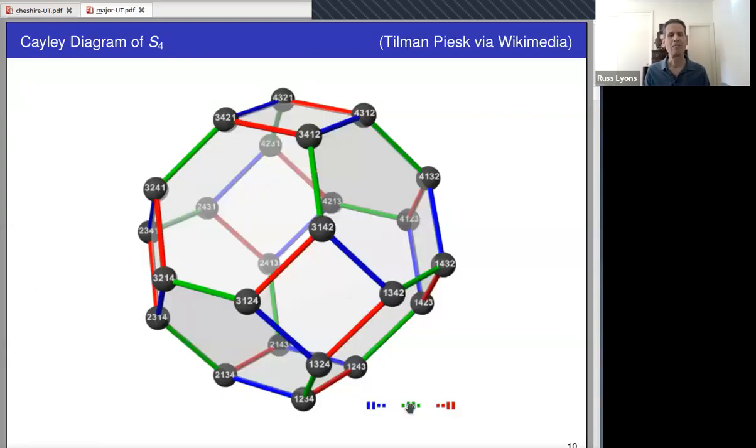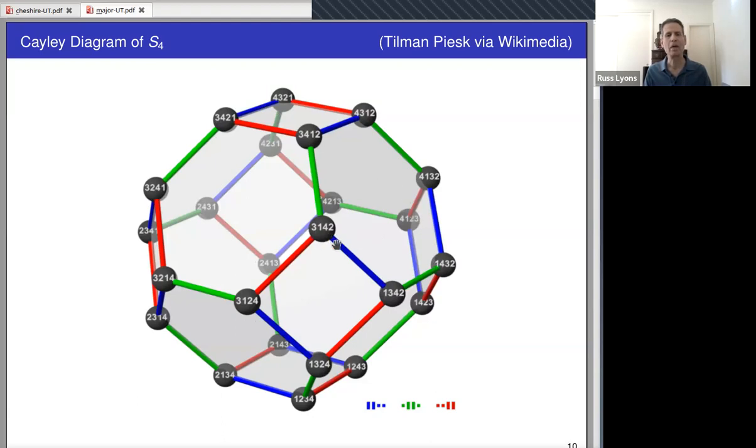First, a little bit about Cayley graphs. So here is the Cayley graph of the symmetric group on 4 letters or numbers, 1, 2, 3, 4, generated by these 3 transpositions. You transpose the first 2, the middle 2, or the last 2. And a Cayley diagram is a little bit more than a Cayley graph. I said this yesterday, but the vertices are the elements of the group. So these are these permutations, 4 factorial of them.